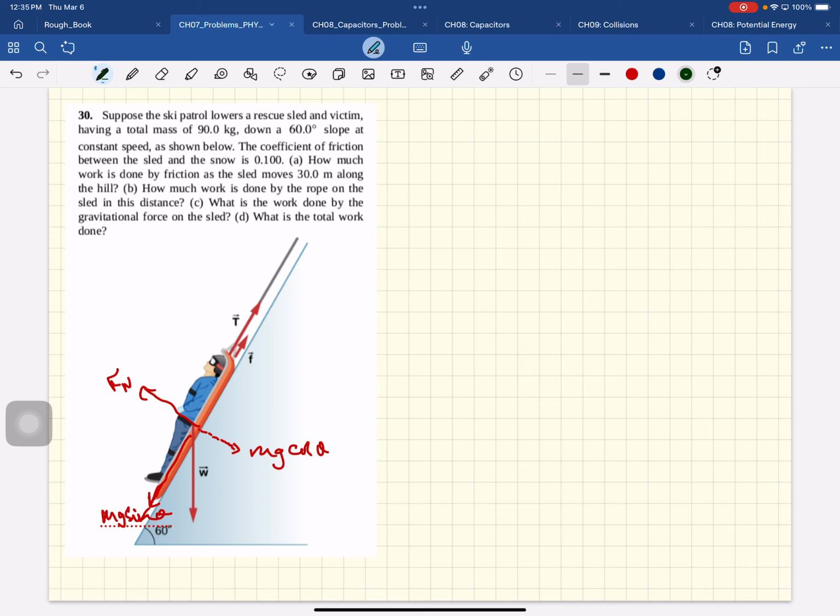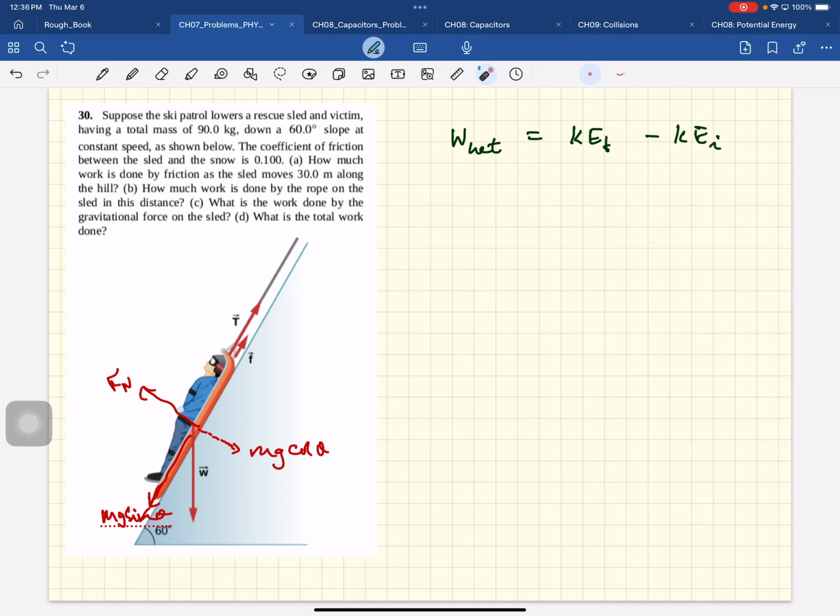And you just saw in the last chapter the work-energy theorem: if you add up the work done by all the forces, that shows up as change in kinetic energy. Is the kinetic energy of this person changing? No. So the work done by all the forces should add up to 0.